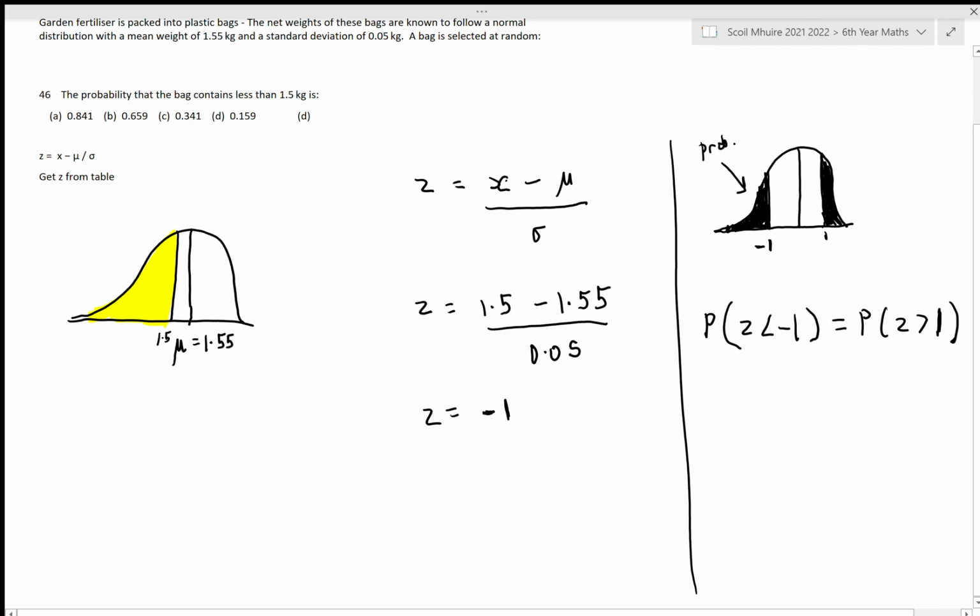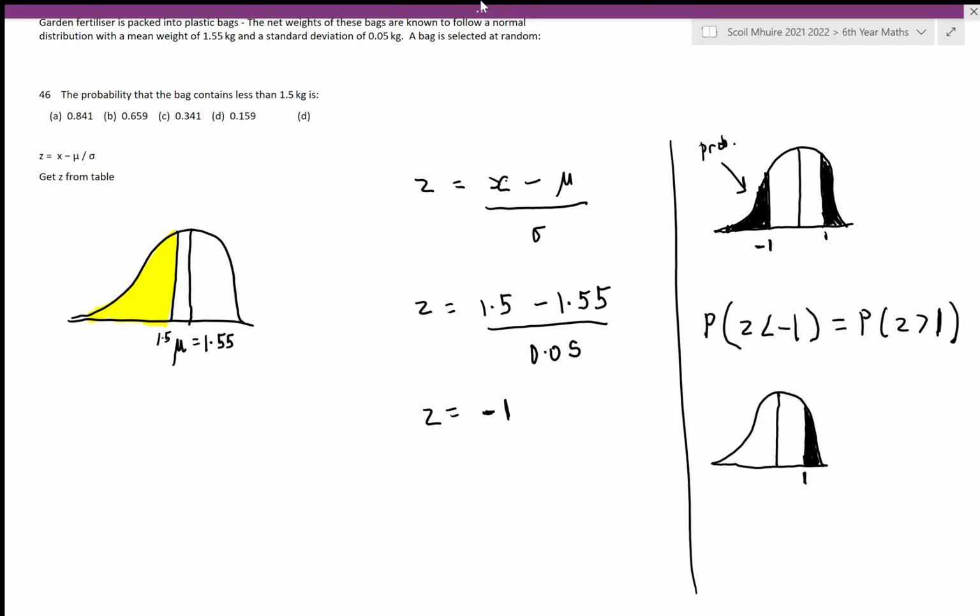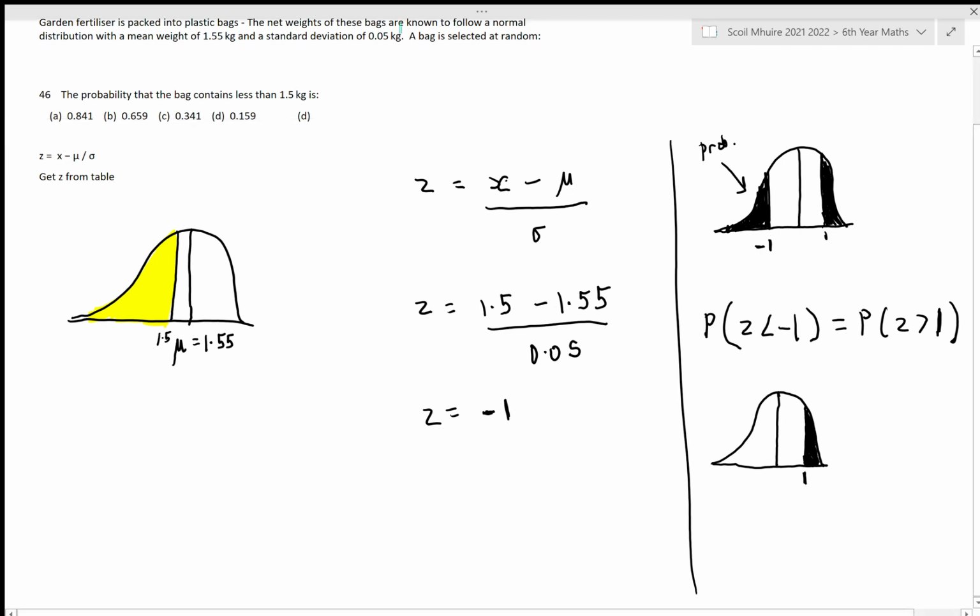And your Z-score tables only tell you the area that is below your Z-score. So if you're looking for this area here, and we know the total area under the curve is 1.